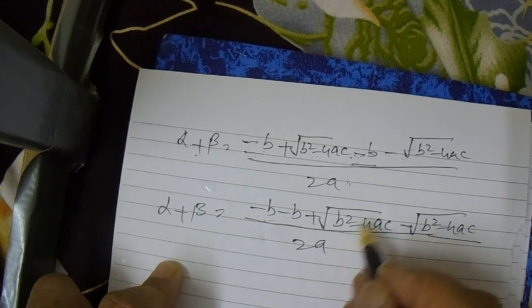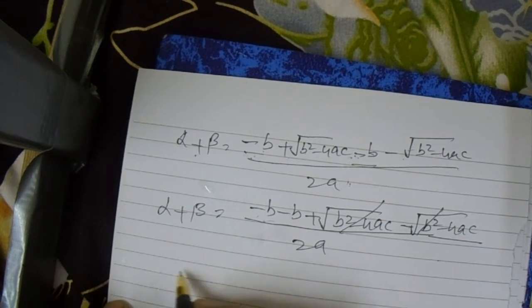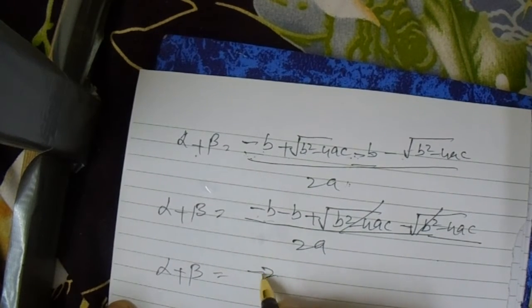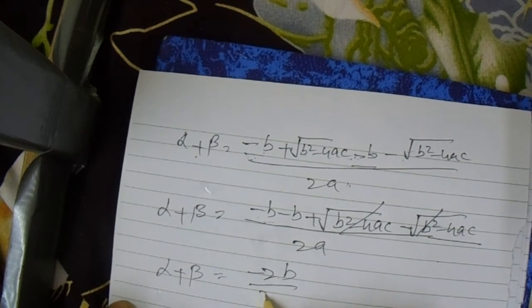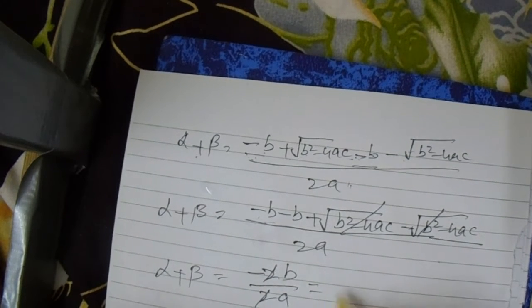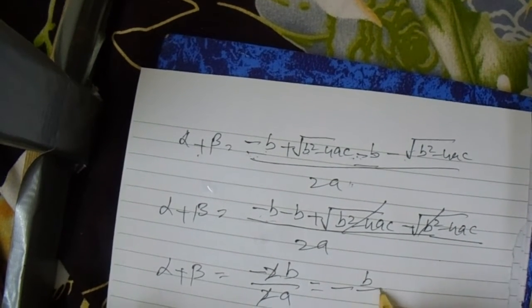Now this will cancel this. You have only alpha plus beta is equal to minus 2b over 2a. Now the 2 will cancel this 2, you have minus b over a.